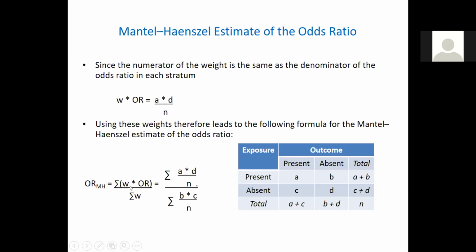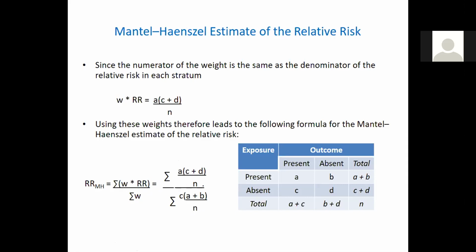When you look at the formula we have written before, this is the Mantel-Haenszel odd ratio weight times this. You can now write the numerator as A plus weight times odd ratio, and the weight is BC all over N. It's just some mathematical manipulation to calculate it.